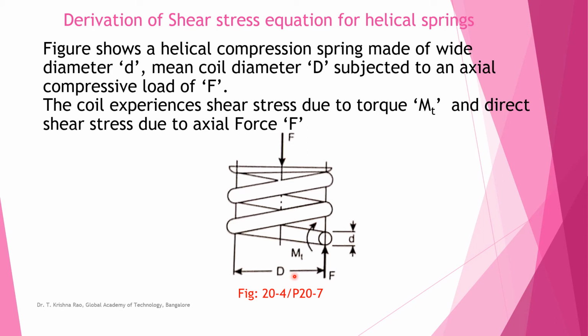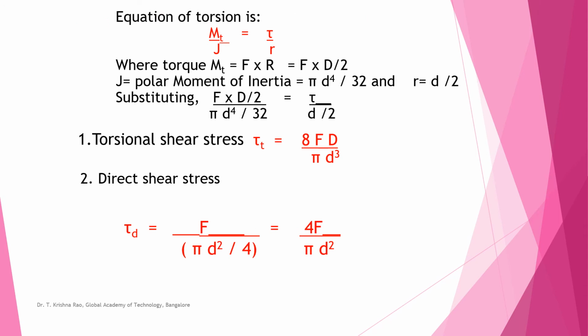Mean coil dia is capital D, wire dia is small d, and the force applied at the center into this radius gives you the torque in the coils. Torque is force into radius. MT is the symbol we have used for torque. Torque is F into radius R. R is capital D by 2.